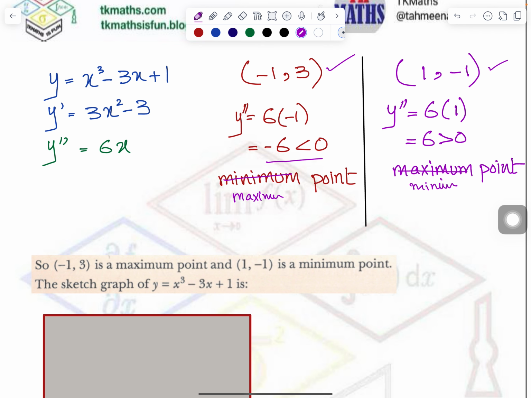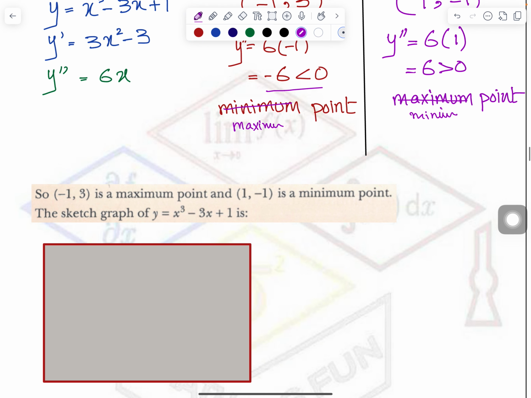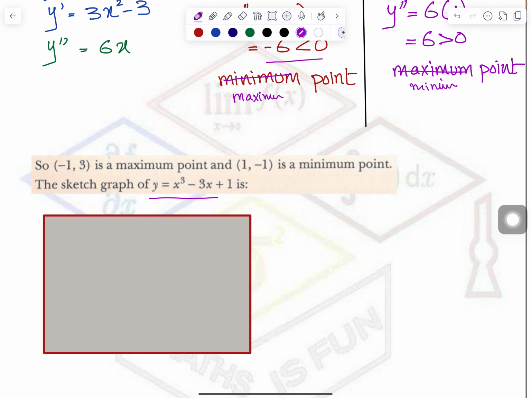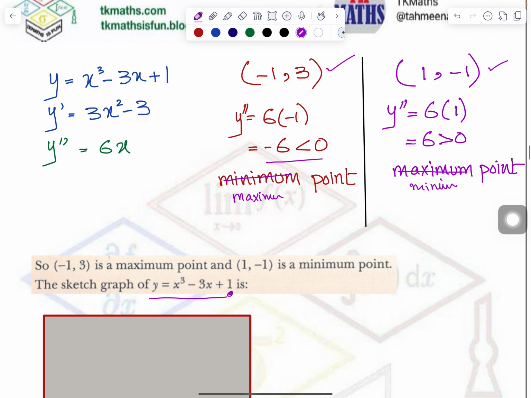Now the demand of the question is sketch it also, right? So what are the key points you should know? You remember the equation, it is given here. This is your y-intercept, and you know the maximum and minimum point. And very important thing, the coefficient of x cube is plus 1, positive, whenever the cubic function has positive coefficient for x power 3, the shape of the curve is like this, right?